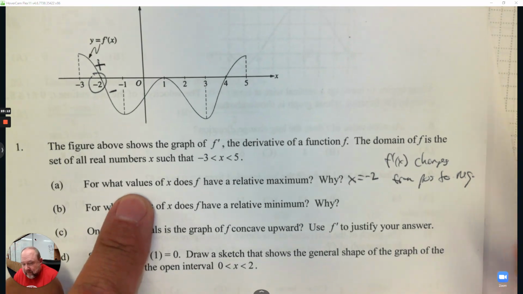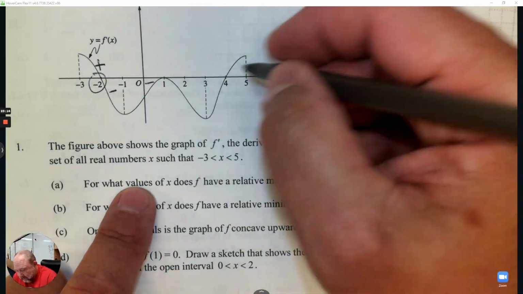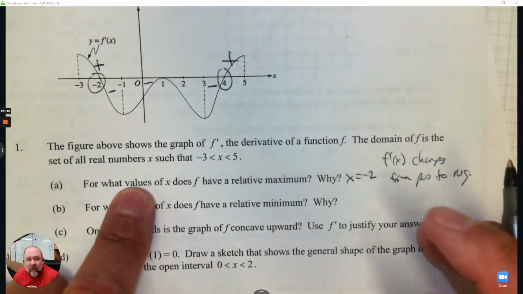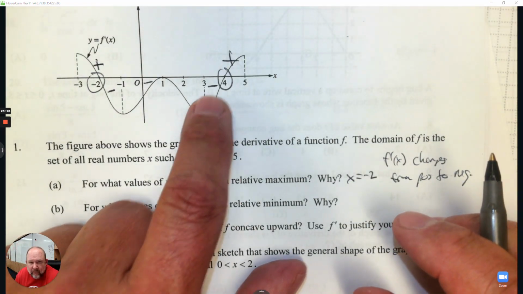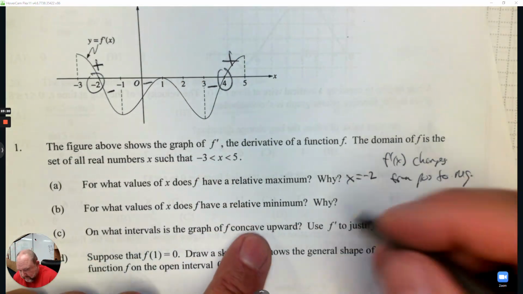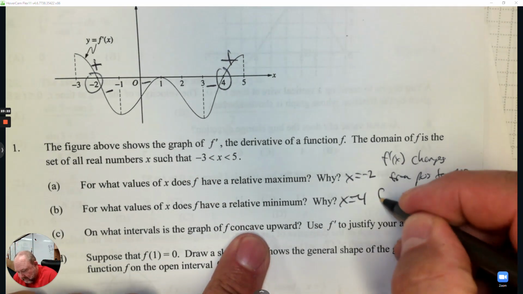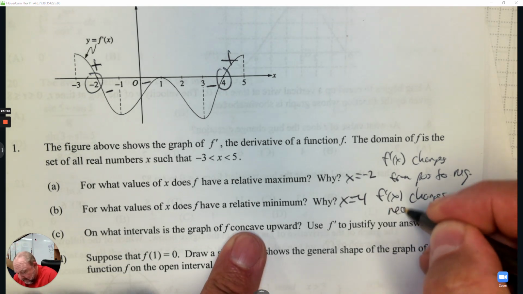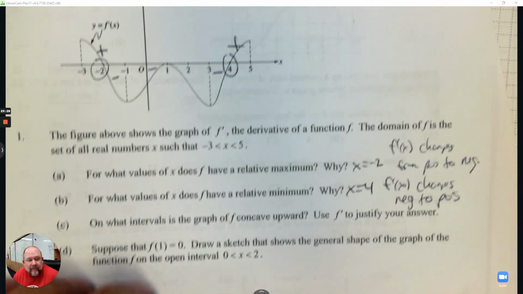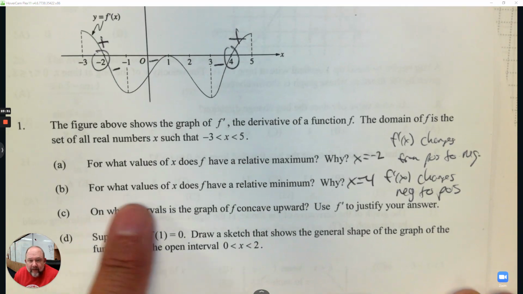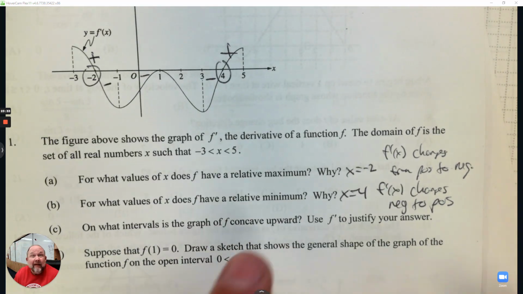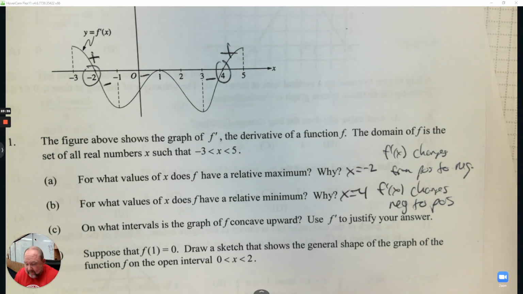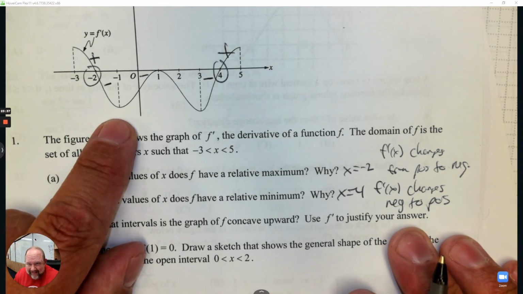Where is there a minimum? So that's when it goes from negative to positive. So from negative to positive, the only one I see here is at 4, where it goes from bottom to top. And again, the derivative changes from negative to positive to make a minimum. On what intervals is the graph concave up? So when I look at the derivative graph, it's concave up when it's increasing.